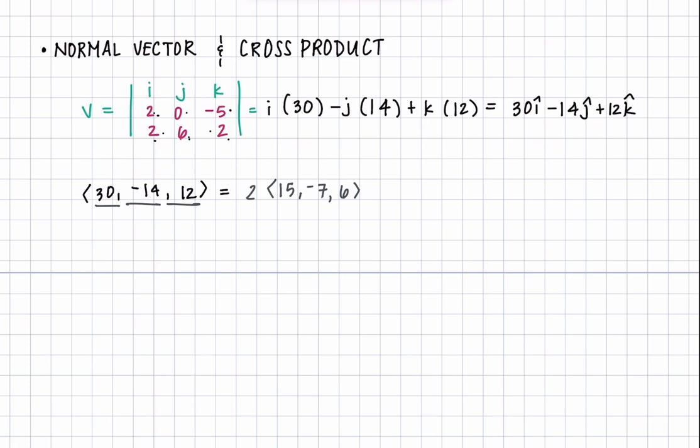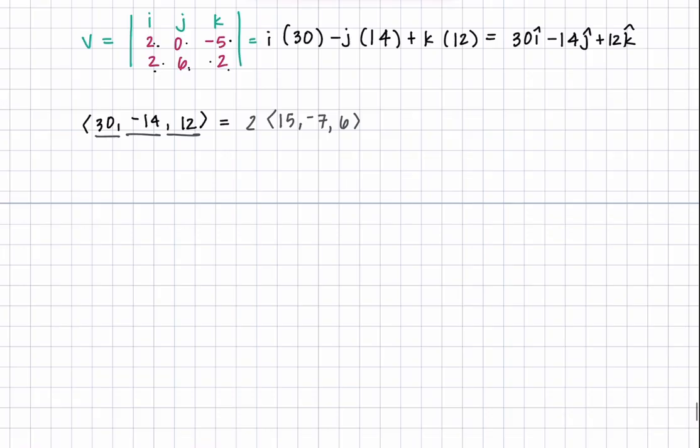So for the equation of a tangent plane through a point P equals (2, 1, 4), I'm going to have to plug this into my tangent plane formula.